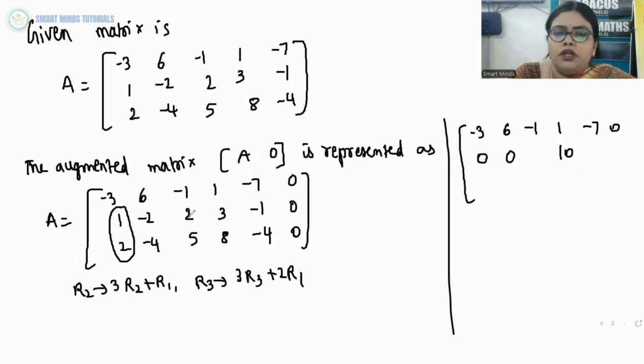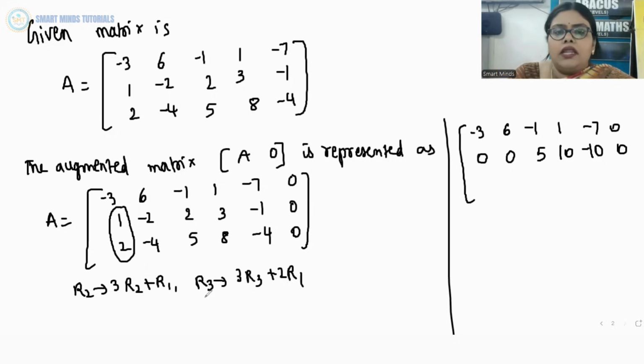So 2 into 3 is 6. 6 minus 1 is 5. Then over here -1 into 3 is -3. -3 minus 7 is -10. 0 into 3 is 0. 0 plus 0 is 0.